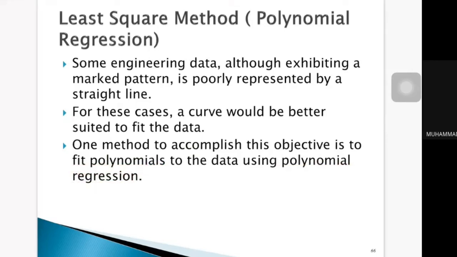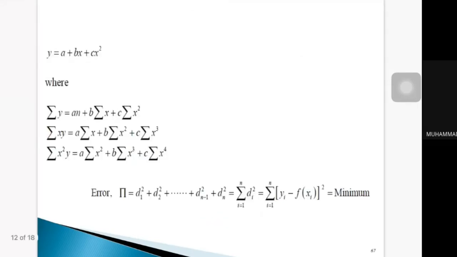So just now we found the straight line. Now we will get the curve y equal to a plus bx plus cx squared. Okay, polynomial curve fitting. So this is your formula for summation y, summation xy, summation x squared y. And this is the formula for error.